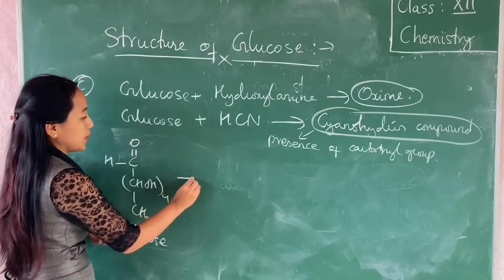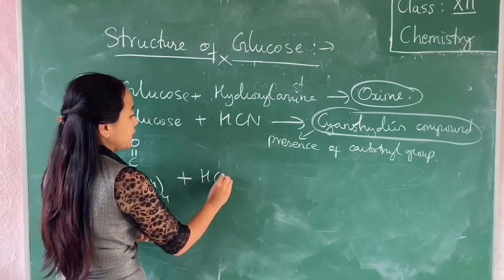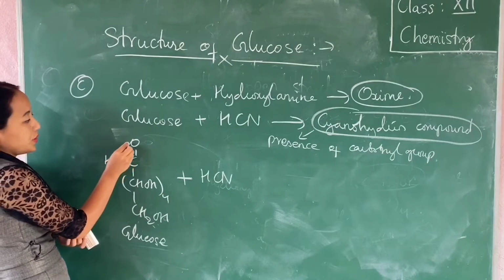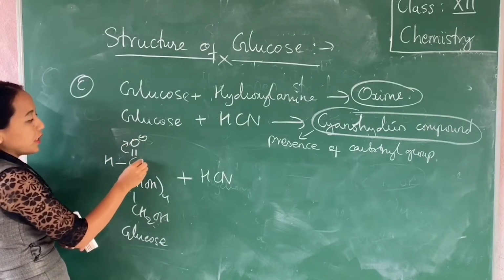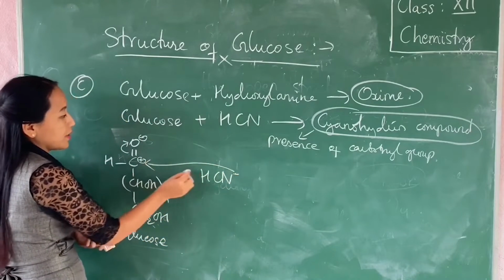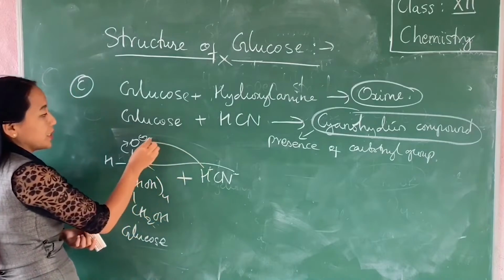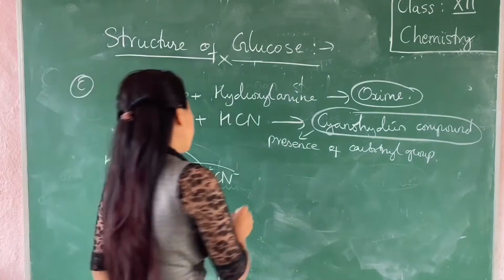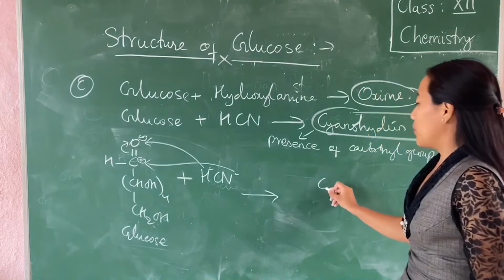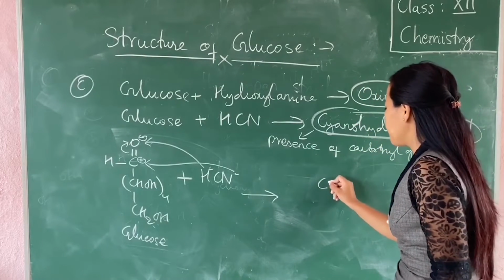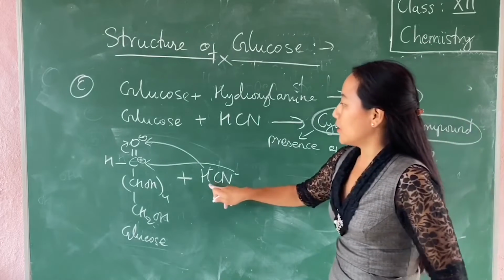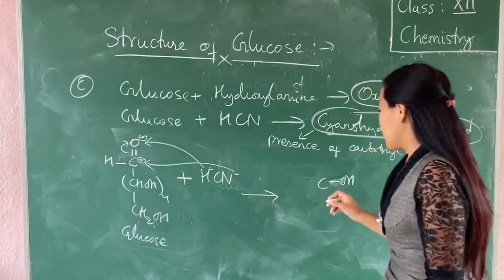is reacted with hydrogen cyanide. What happens is again, this double bond will shift. O will have a negative charge, C will have a positive charge. Now on this, CN minus will come and attack, and the hydrogen with the positive charge will attack the oxygen. So you will get a cyanohydrin compound. That is, this carbon will have an OH group, and then this CN will attack this carbon.